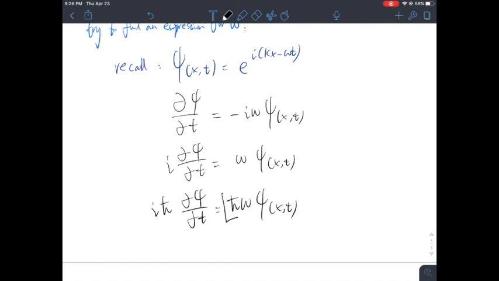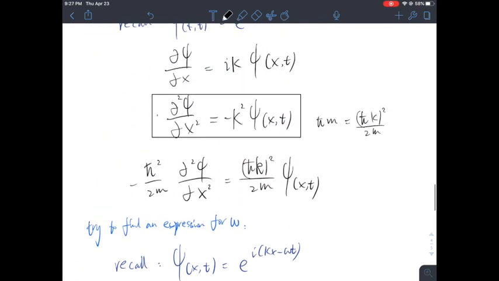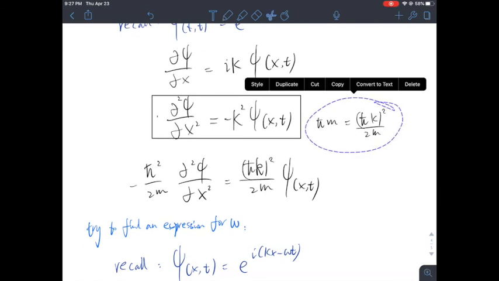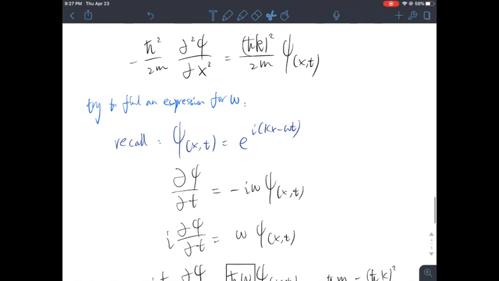So what I mean by that is, if you look at the constant term of our omega expression and our previous energy expression, the spatial expression for constant k, we know that omega times ħ is equal to (ħk) squared divided by 2m.